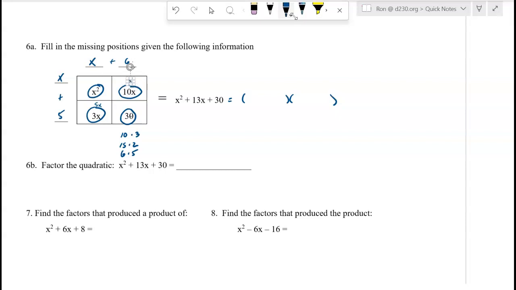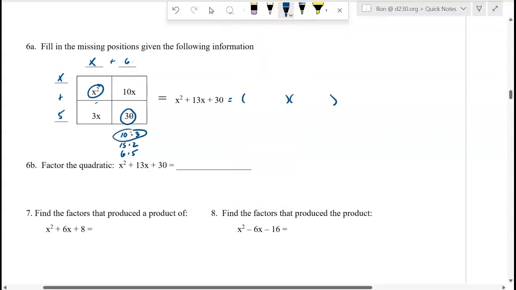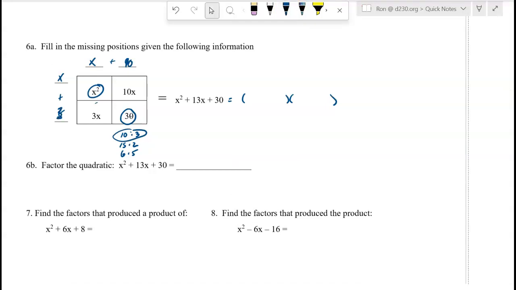But if I use 10 and 3, plus 10 plus 3, now that gives me 10x and 3x. So 10 and 3 multiply to give me 30 and add up to that middle term. So this would factor out to be x plus 10 times x plus 3.